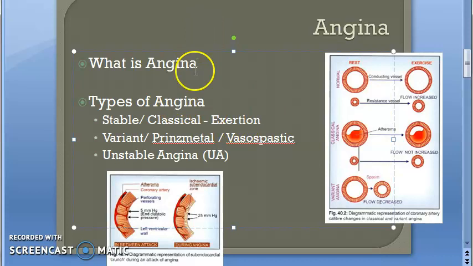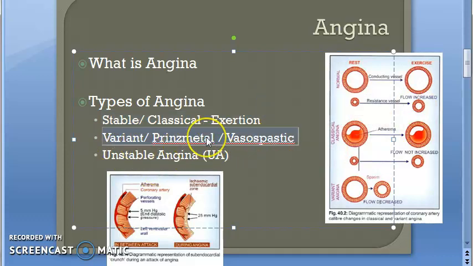Angina is discomfort in the pectoral region, and usually it is because of ischemia, that is low blood supply or low oxygen supply to the heart myocardium. So when you say stable or classical, the oxygen demand has increased because of exertion, and if the person takes rest, then there is no angina. This is classical or stable angina, okay?